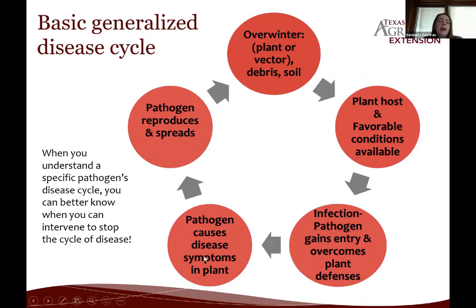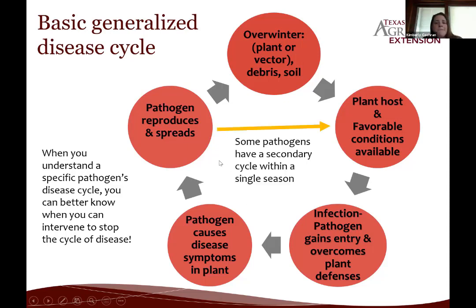And after this, the pathogen will start reproducing and spread. Now, some pathogens have a secondary cycle within a single season. So some pathogens can go straight from reproducing and spreading back to finding another plant host. And you can have multiple cycles of this within a single season, while others only have one main cycle during the year.